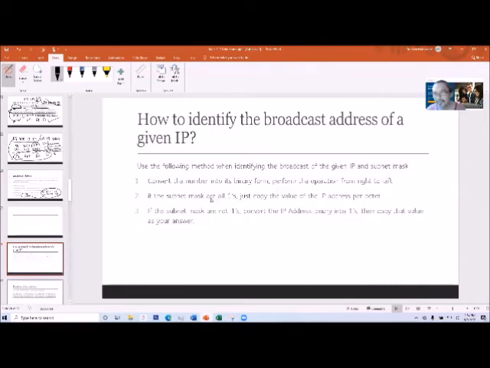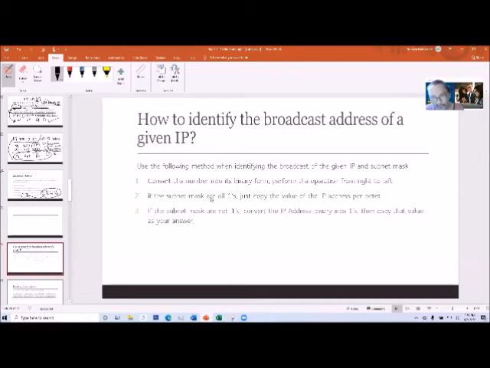So how do we identify the broadcast of an IP? There is a process, and you have to go through the process so that you can understand why. It is much better because you understand what the procedure is. Number one, use the following method when identifying the broadcast of a given IP and subnet. Convert the numbers into binary form and perform the operation from left to right.